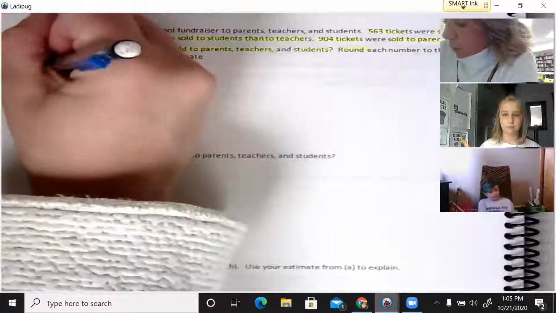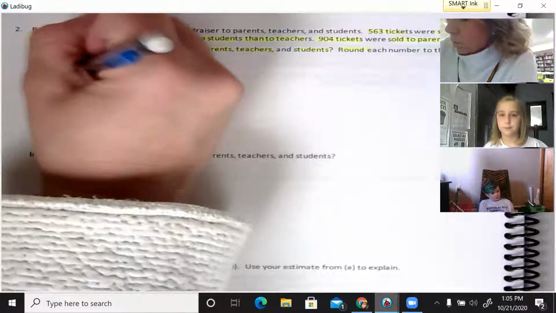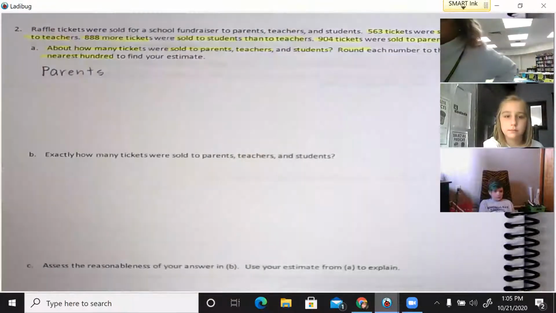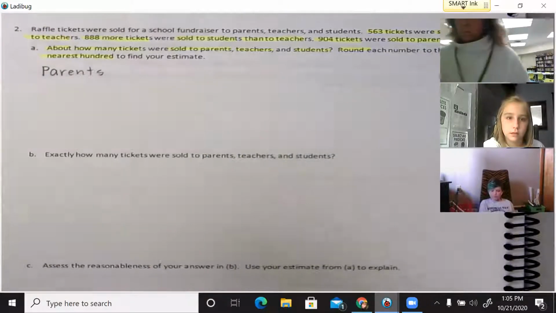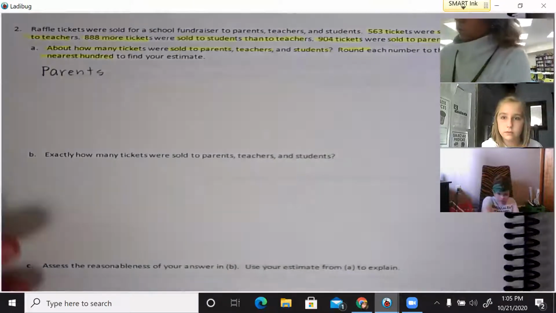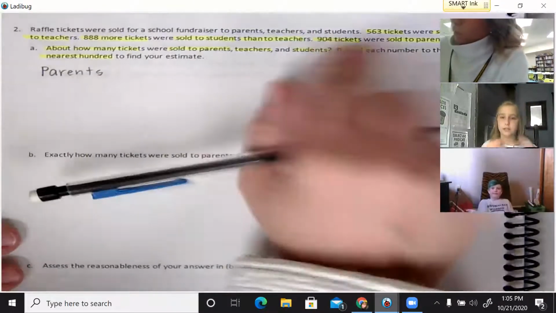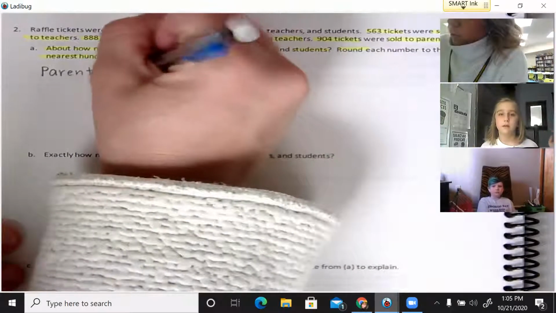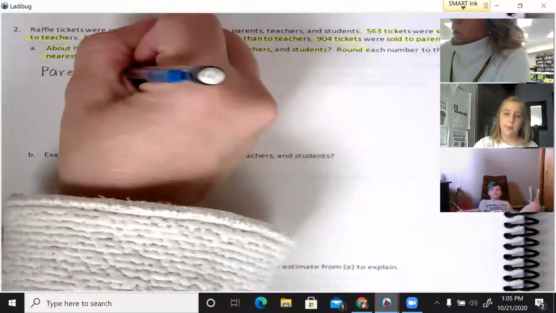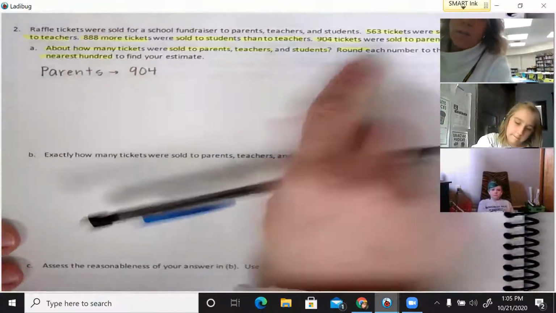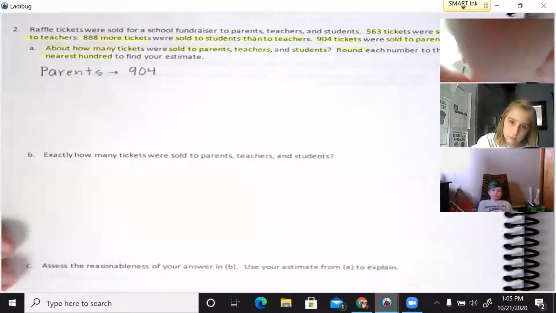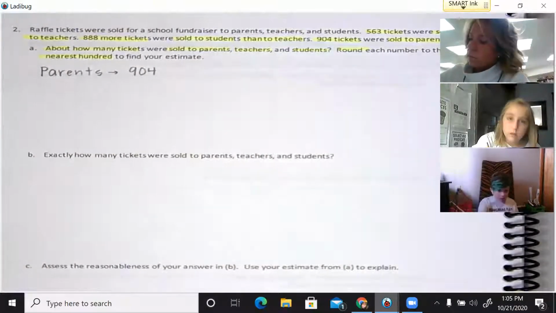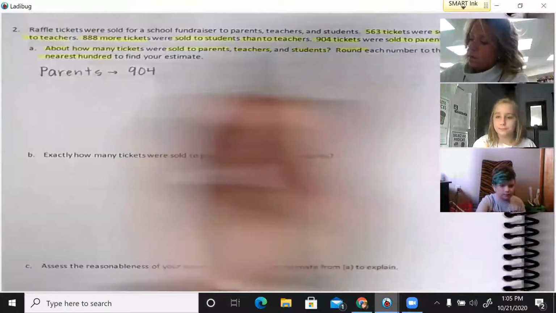What do we know about the parents? There were 904 tickets sold to them. So we have 904 tickets. Now we're going to round this to what place value? The nearest 100.